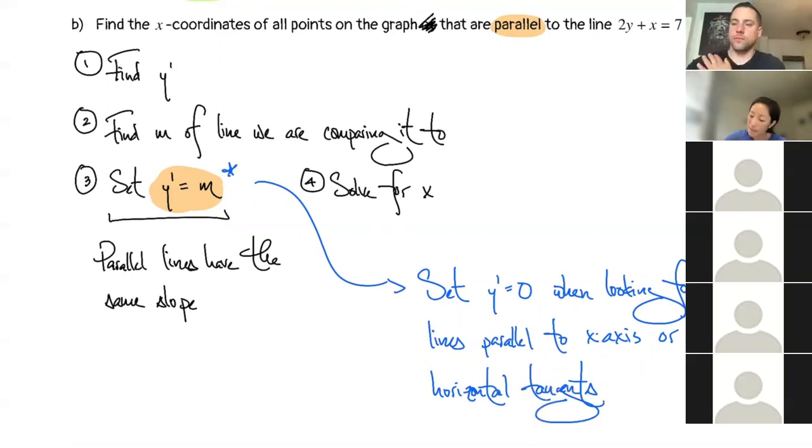So it doesn't have anything to do with the factors. I know a lot of times we factor things and we set it equal to 0 and we solve, but that's more of depending on what y prime is, whereas setting it equal to a specific number actually goes back to the concept of what we're doing, okay?